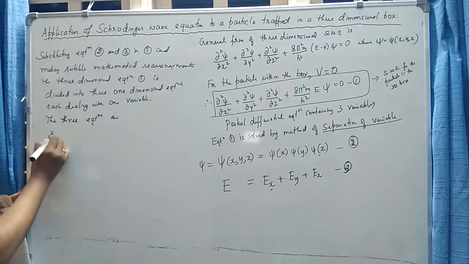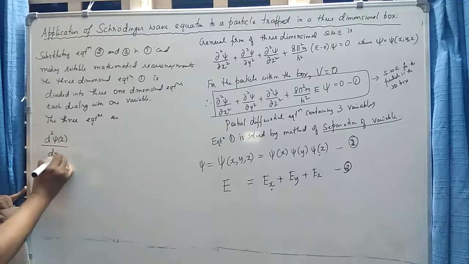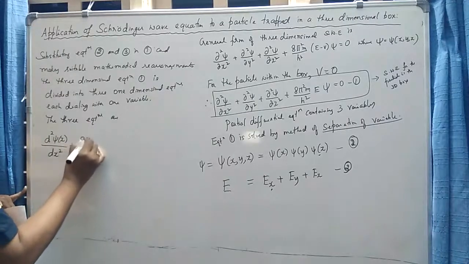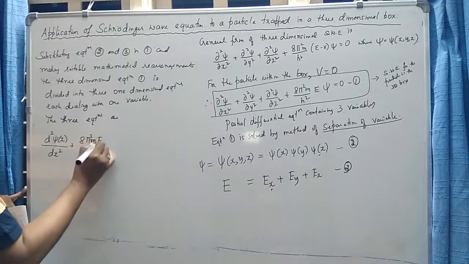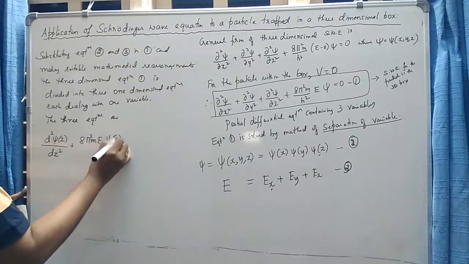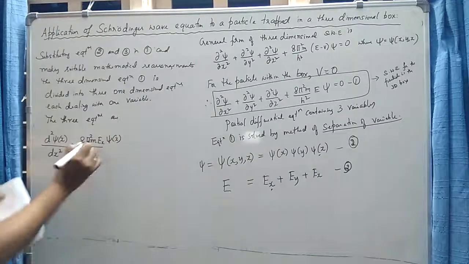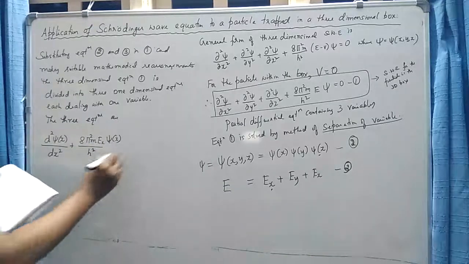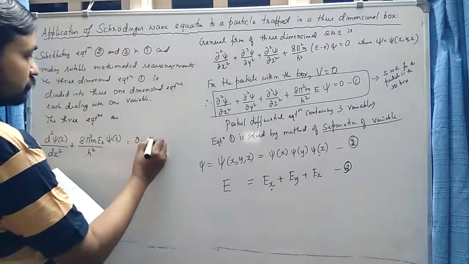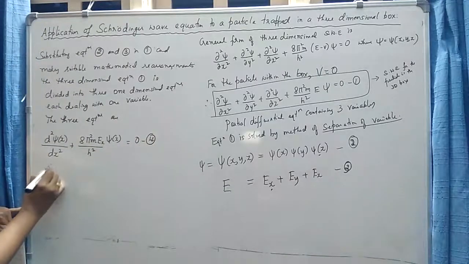d square psi of x divided by dx square plus 8 pi square m Ex into psi of x divided by h square is equal to 0. This is the first equation.